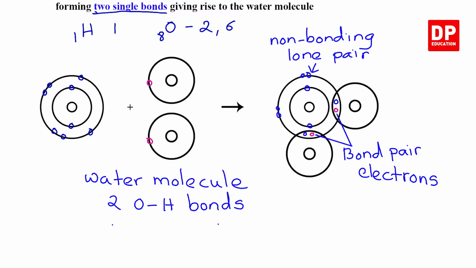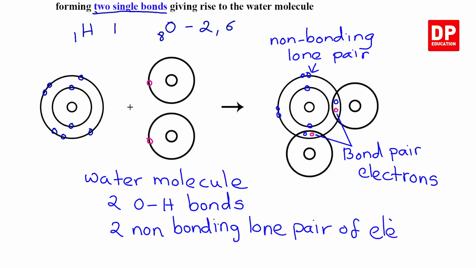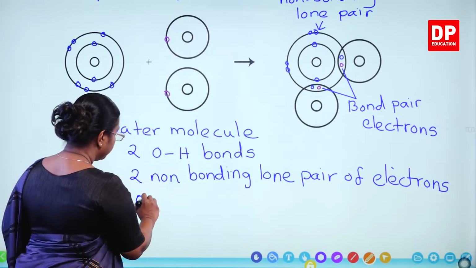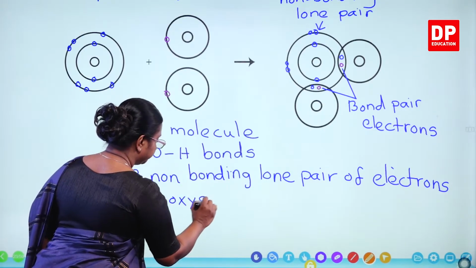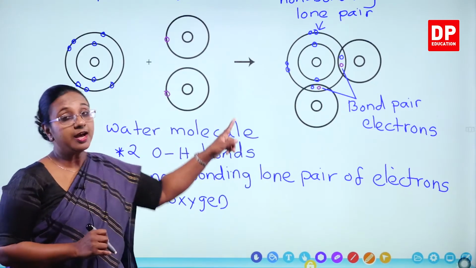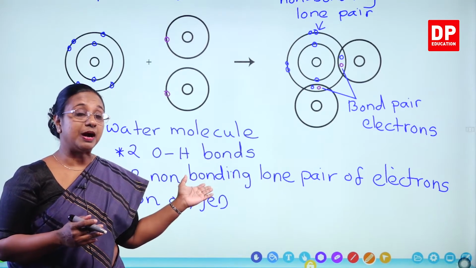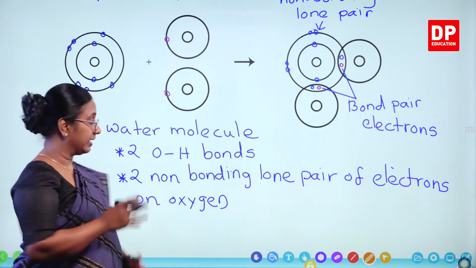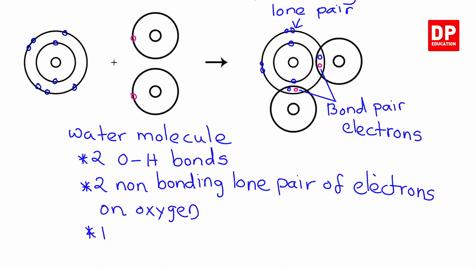And there are 2 non-bonding lone pairs of electrons on oxygen. And what type of a molecule is this? This is a compound, so it is a heteroatomic molecule.